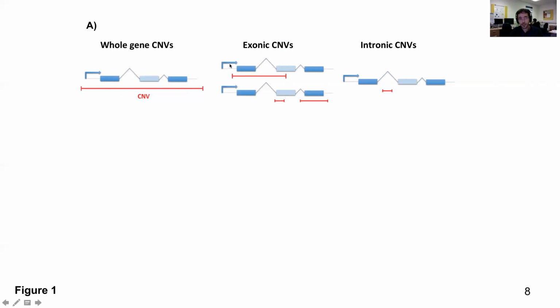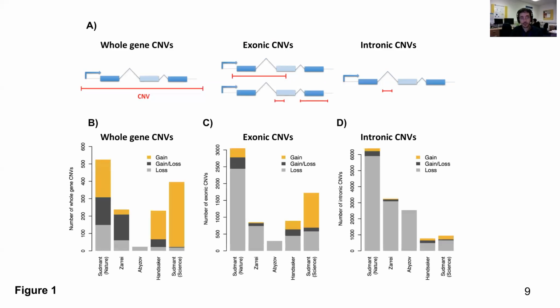We can also have exonic CNVs, which do not affect genes entirely, but affect the copy number of exons. And finally, we are also interested in intronic CNVs, which are copy number changes that affect the introns without affecting the coding sequence of protein coding genes. We look at the number of these different events in the different maps, and we differentiate between gains, losses, and gain-losses.